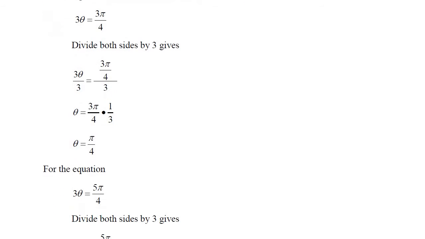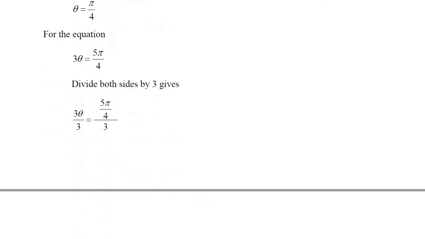For the other equation, we had 3 theta is equal to 5 pi over 4. We solve this one the same way we did the other one. We're going to divide both sides by 3, so 3 theta divided by 3 and 5 pi over 4 divided by 3.